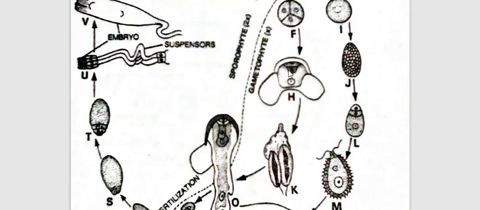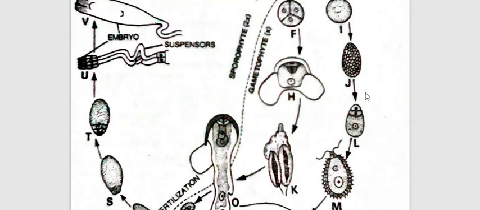This pollen grain is present in the microsporangium, and the microsporangia release these pollen grains. Further development of the pollen grain occurs when it reaches the female gametophyte after pollination.